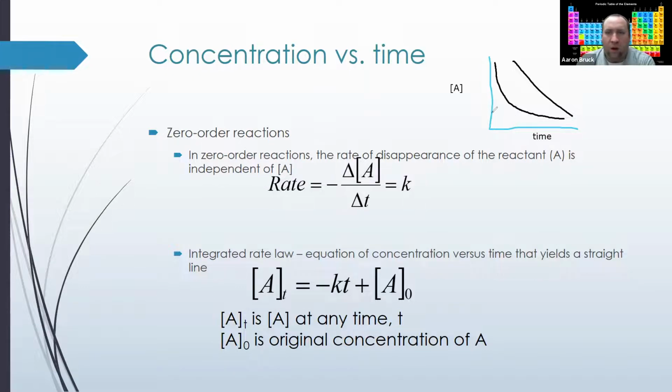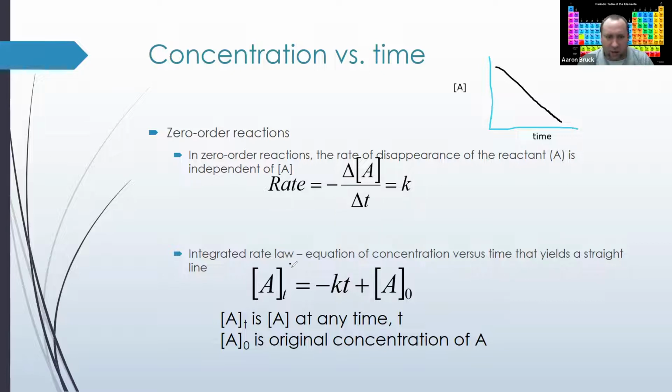So when the reaction that we are interested in gives us a straight line, and the axes for that graph are just the concentration of the substance versus time, then we know that that particular reactant is zero order.